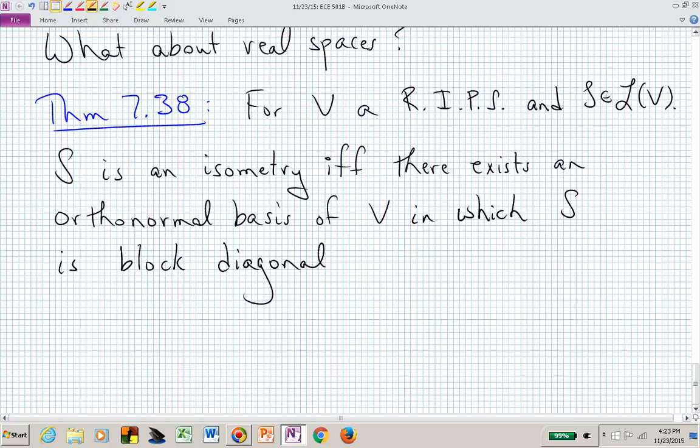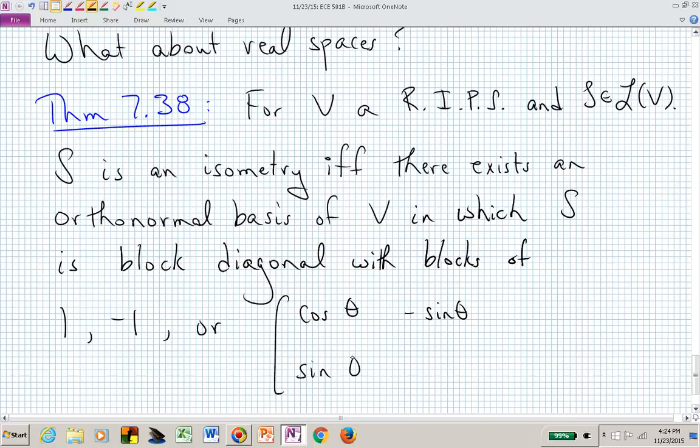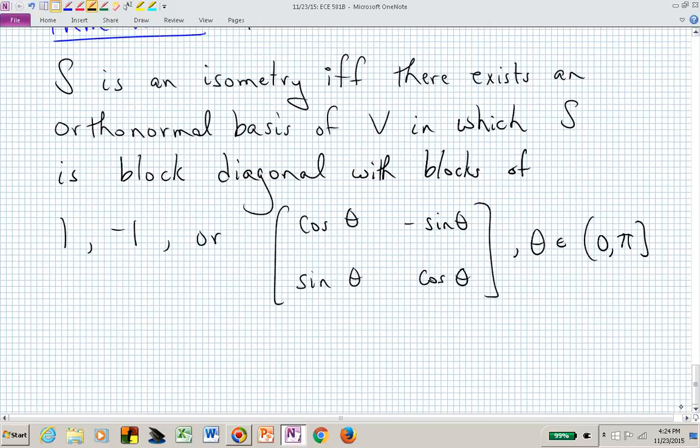This linear operator is block diagonal with blocks of 1, -1, or a 2-by-2 block with the 1,1 entry being cosine theta, the 1,2 entry being minus sine theta, and sine theta and cosine theta in the bottom row, where theta is an angle between 0 and pi.